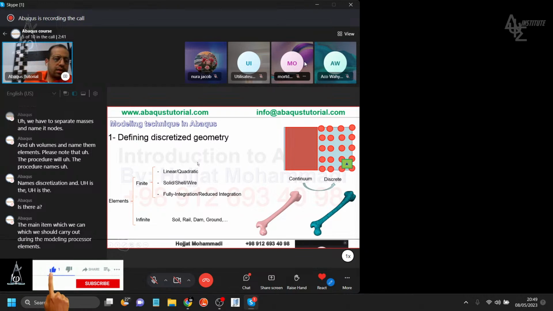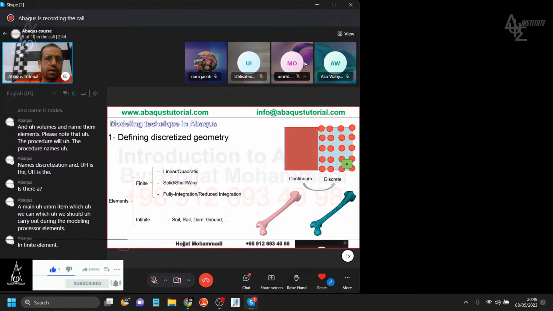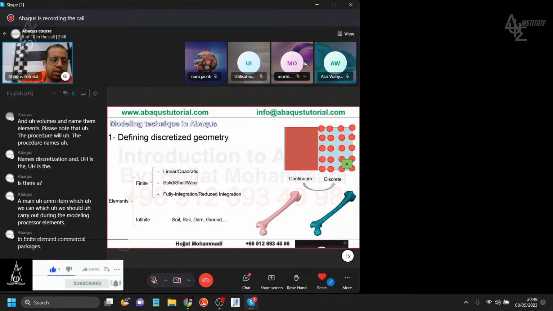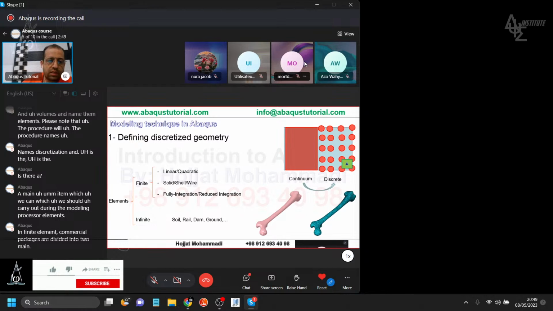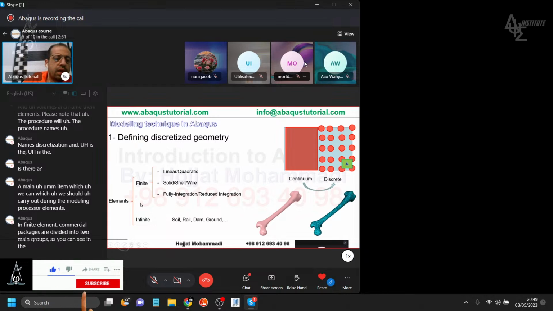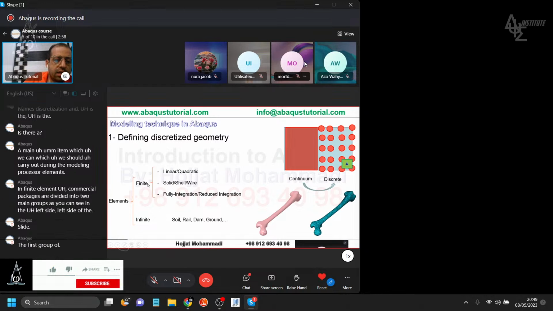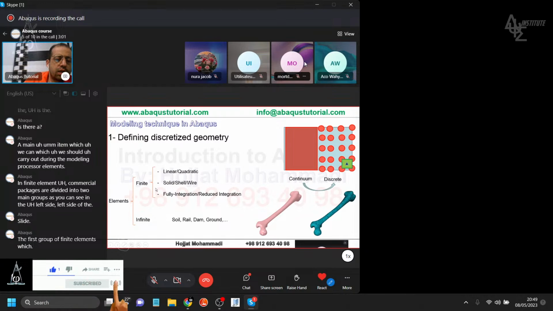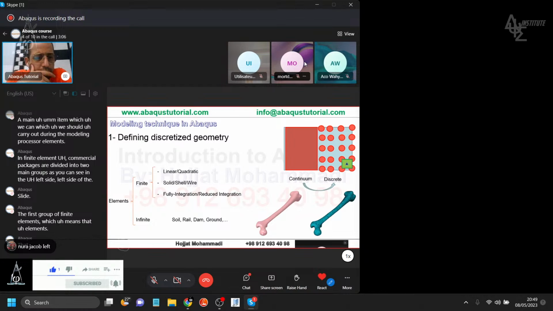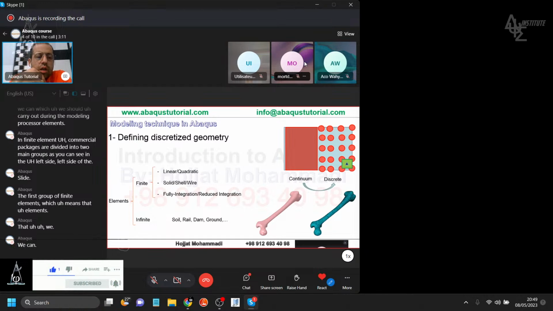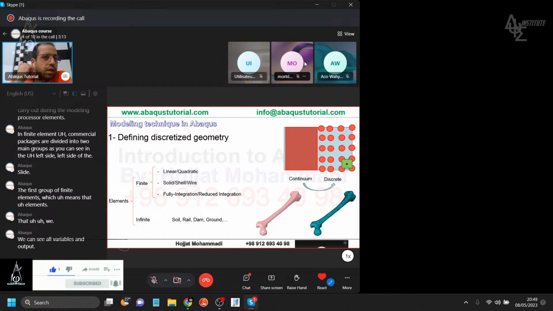Elements in finite element commercial packages are divided into two main groups, as you can see in the left side of the slide. The first group is finite elements, which means that elements that we can see all variables and outputs in all edges and sides.